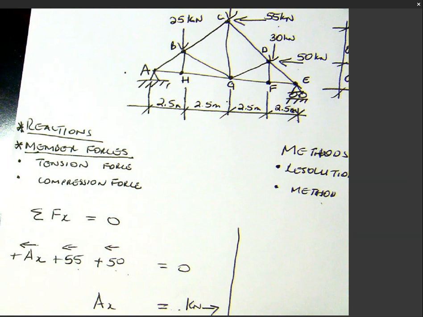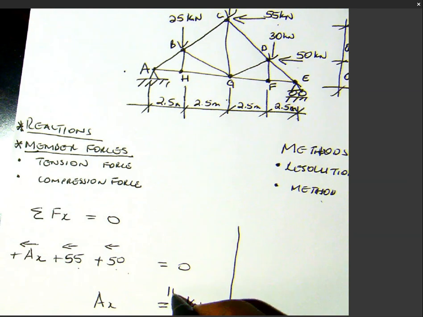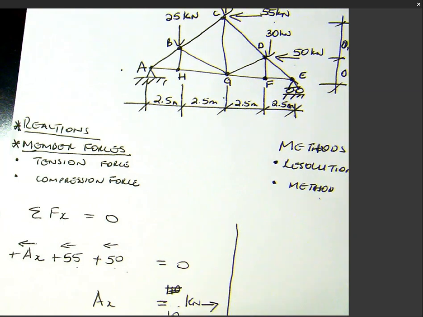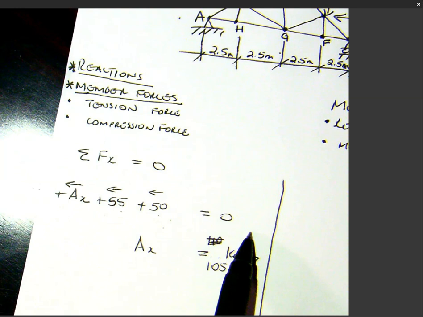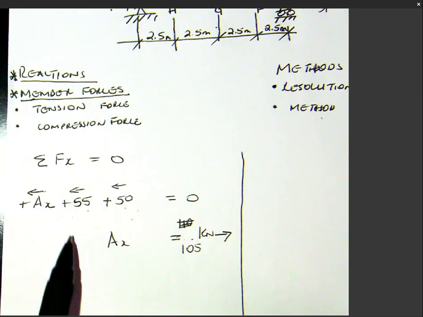I can work it out easily. 55 plus 50, sorry, 55 plus 50 is 105 kilonewtons going that way. But if you take it to that side of the equal sign, it becomes negative. What is the negative sign telling you?